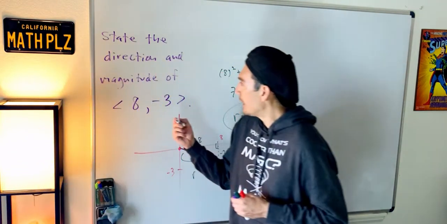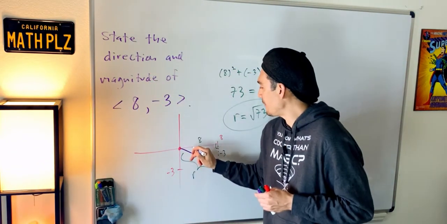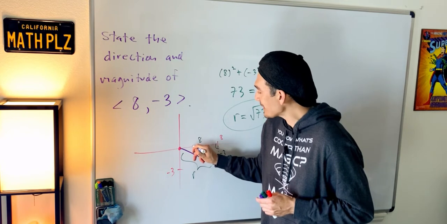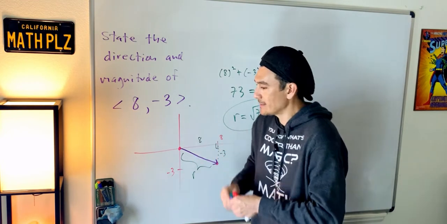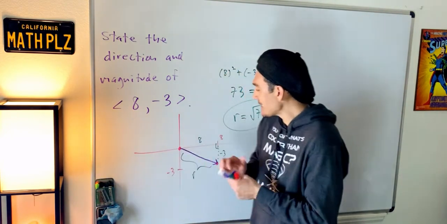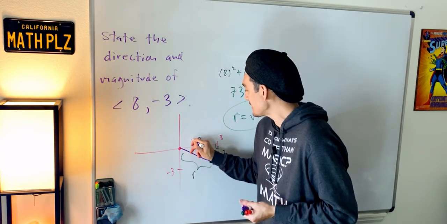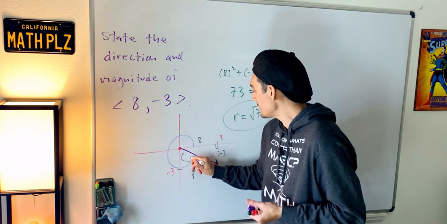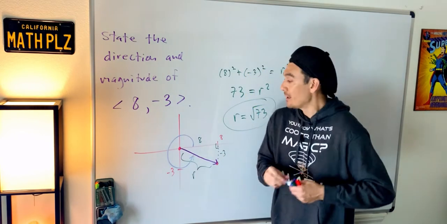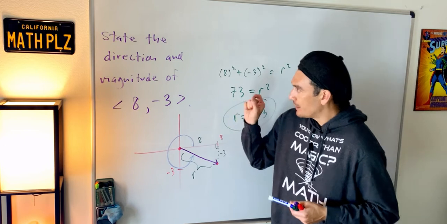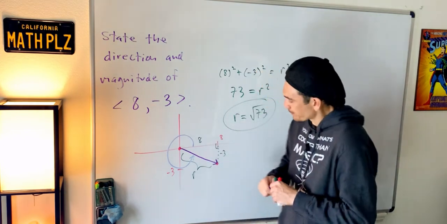So really, our direction is going to be from the x-axis, counterclockwise. I need a new marker. From the x-axis, counterclockwise. So touch the x-axis and draw counterclockwise until you hit your vector. That blue, that's your direction.